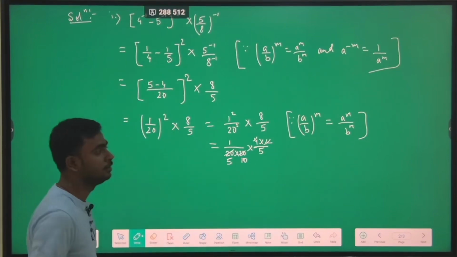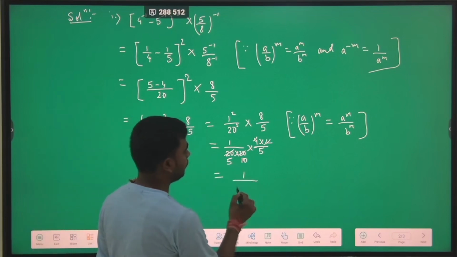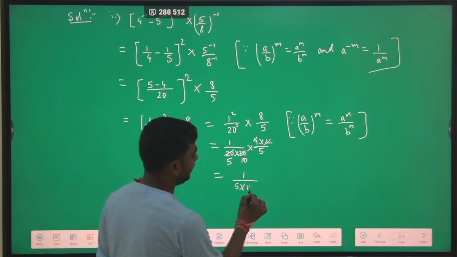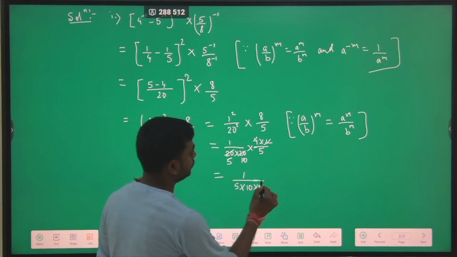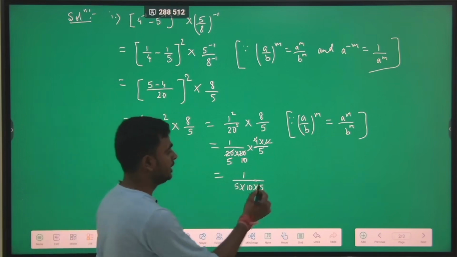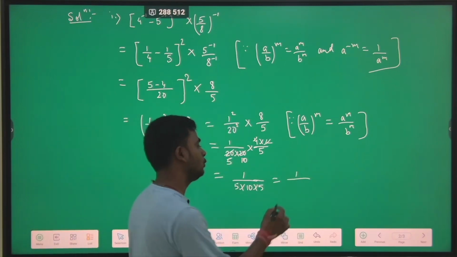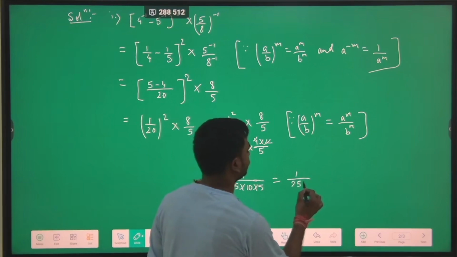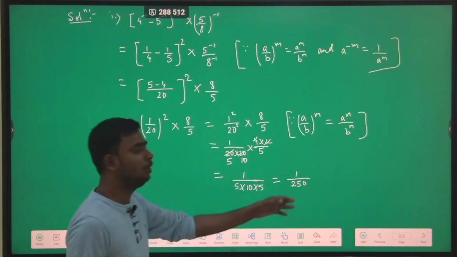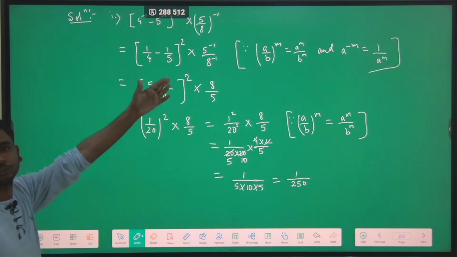We will get 1 upon 5 into 10 into 5. So what is the value of this? 5 into 10 will be 50, 50 into 5 will be 250. So the value will be 1 upon 250. So we have solved our first question.